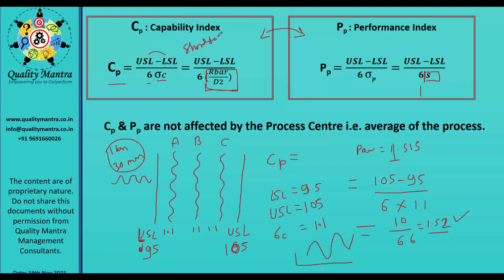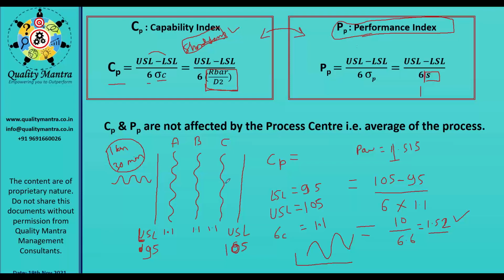How your process is performing in the short term is calculated by the capability, and the long term is basically the performance. This tells you how your process is actually running for an extended period of time, because it is considering all the variation within your data.